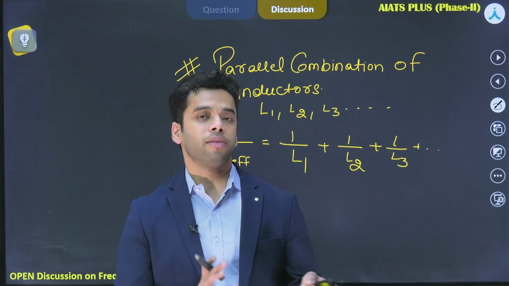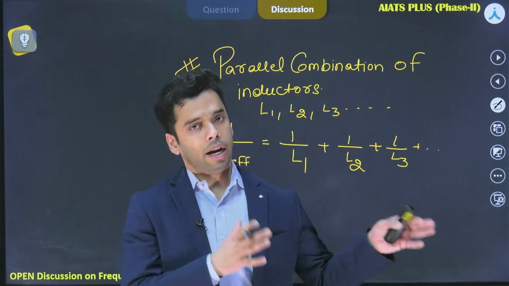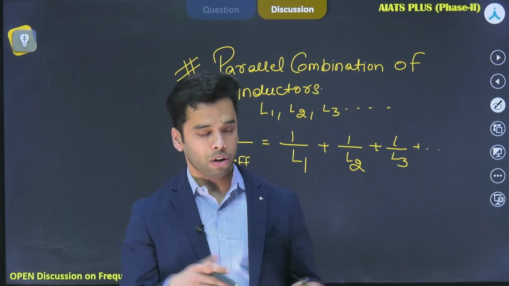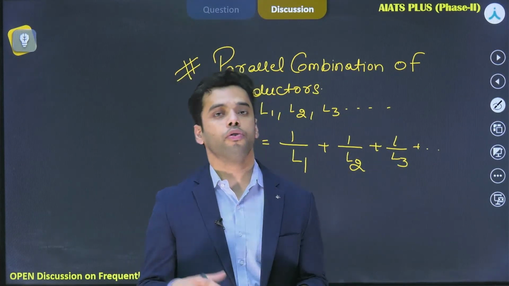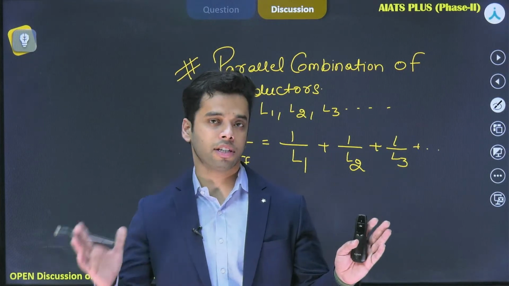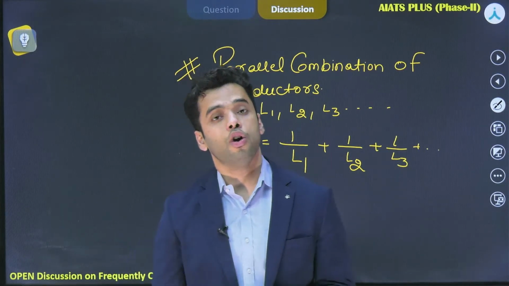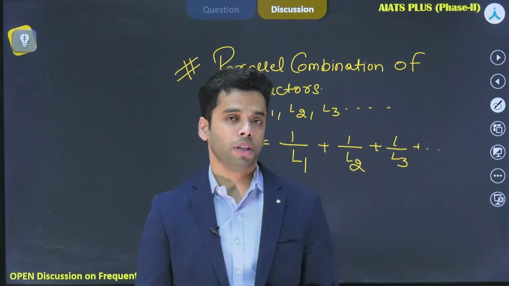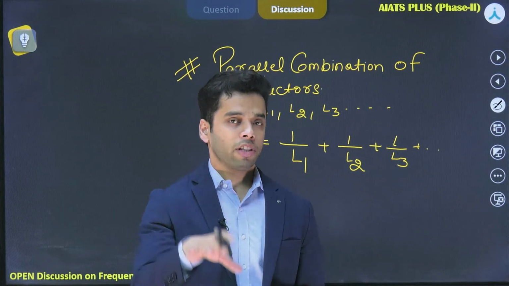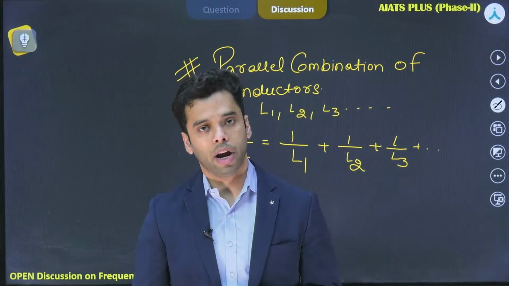So that's the basic difference while dealing with inductors and capacitors. You can remember this for future reference: inductors and resistors behave in the same manner when connected in series or parallel combination, and capacitors work in the reverse manner, right?